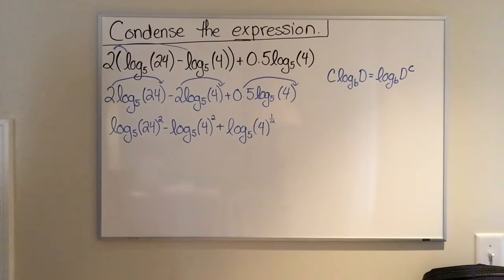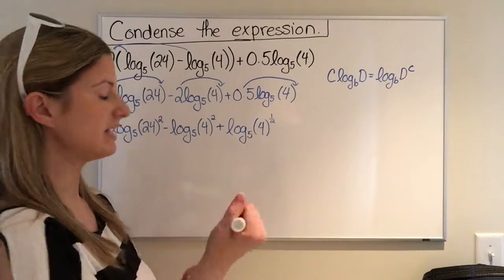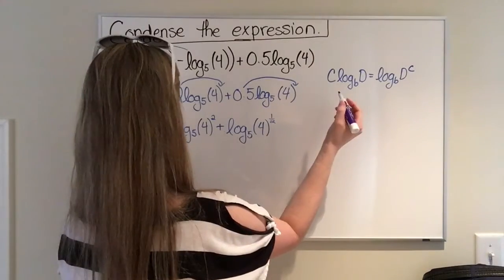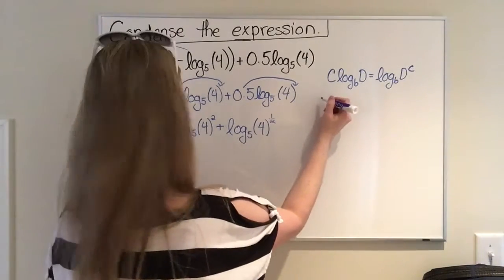All right. Now what do we do? Well, now we're going to use the product rule and the quotient rule. If you need a reminder of those, I have some videos on it, but I'll write it out quickly here.